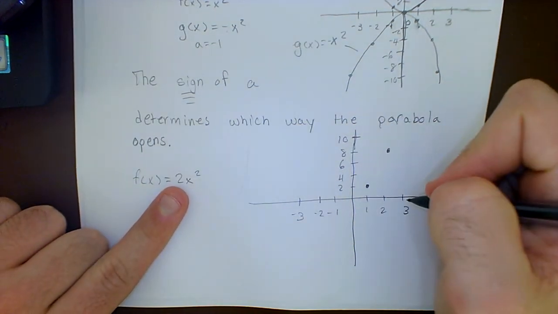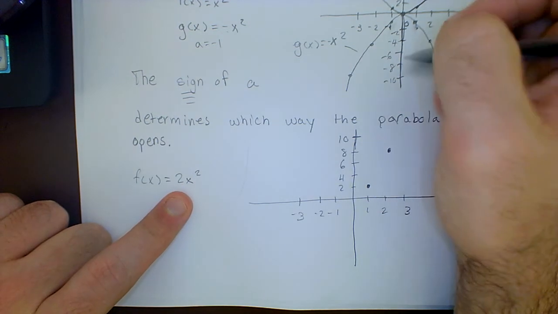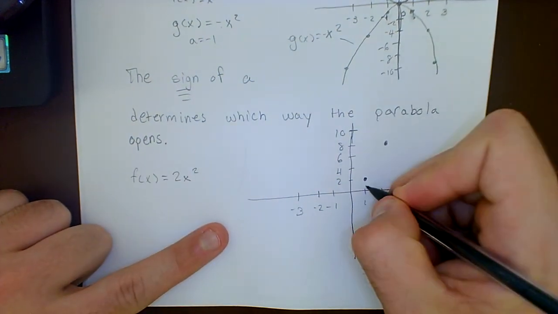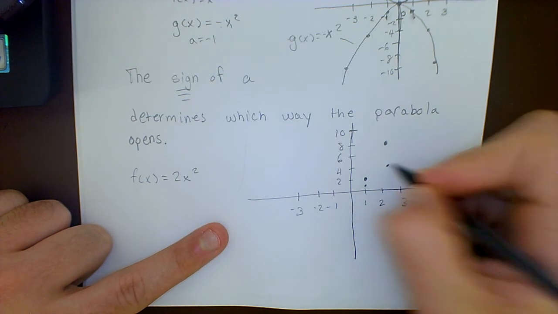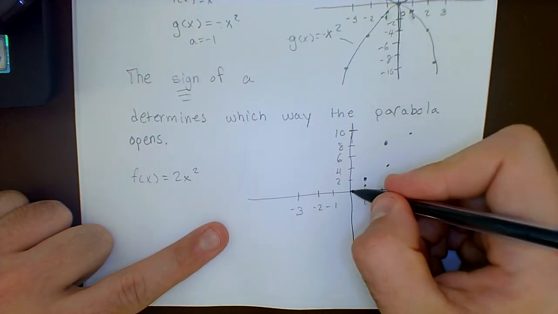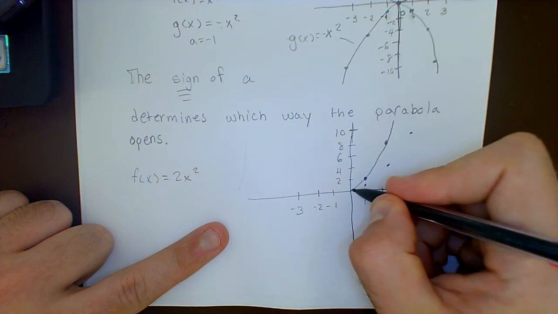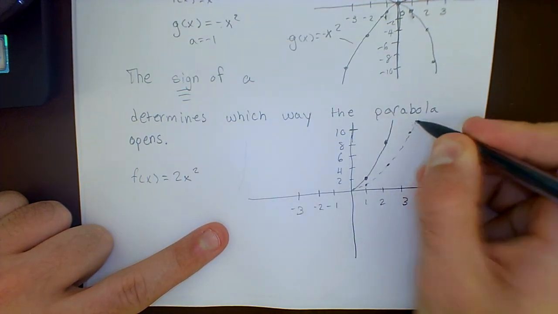So 3 squared is 9, and then I multiply by 2, and that jumps up to 18, which is way up here somewhere, so I won't graph that. But then let's just compare it to what the graph of plain old x squared looks like. So here we have 2x squared, and here we have x squared.